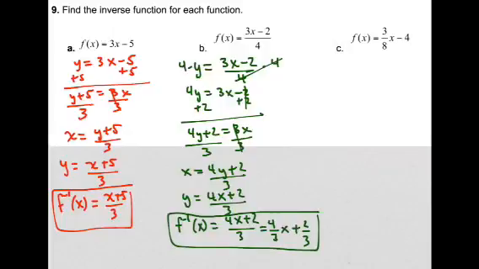Alright, letter C. We have, let me switch it over. The f of x becomes y. And so now I'm going to add 4. So y plus 4 equals 3/8 x.